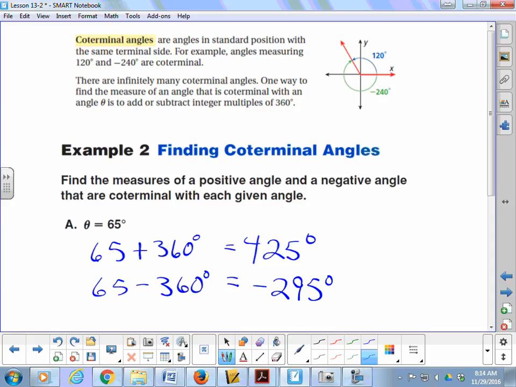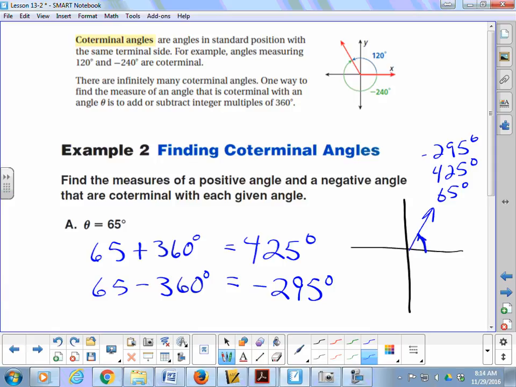All right. So 425 degrees and negative 295 degrees, those are coterminal angles also. So if I graphed all of them, then they would all terminate in this spot here where we have 60 degrees, or then 425 degrees would terminate here, and negative 295 degrees. Those are all going to terminate at that same spot.